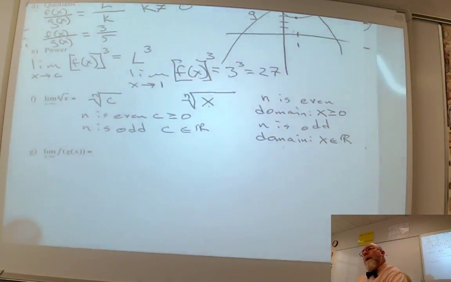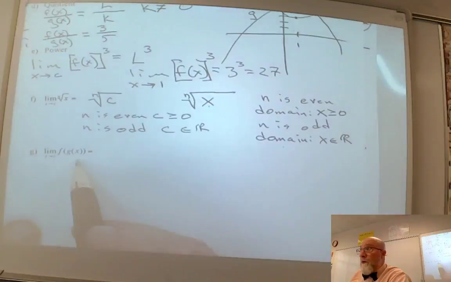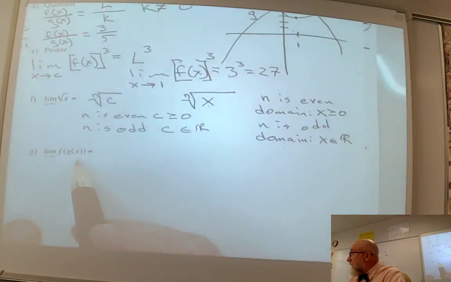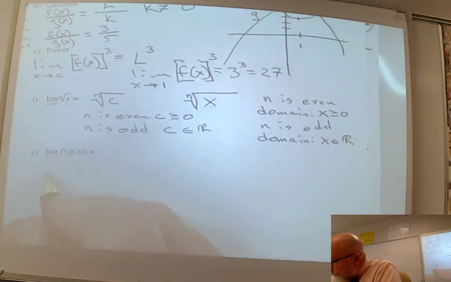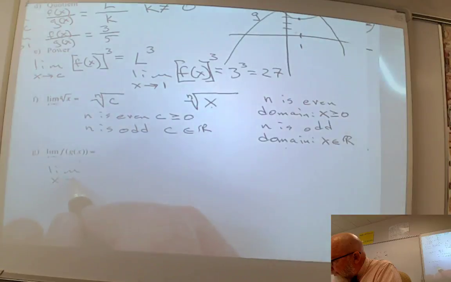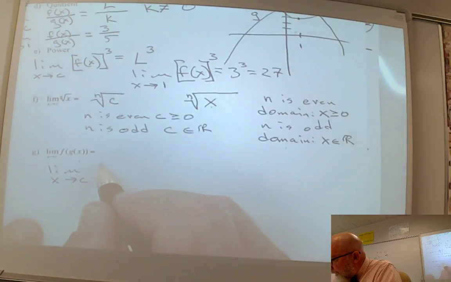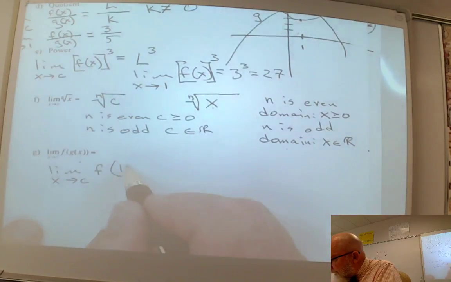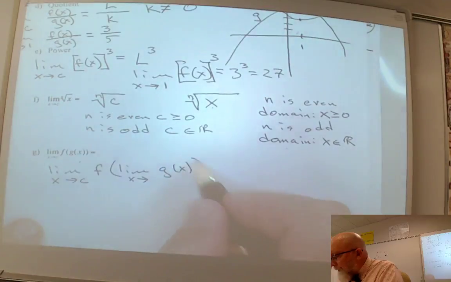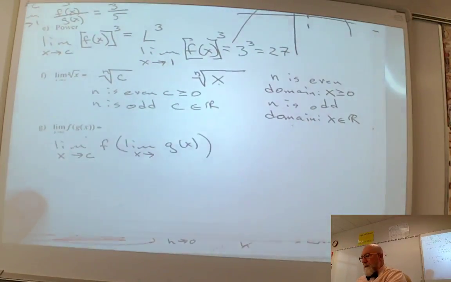Aaron, we're now to your problem. Okay? This is a composition, right? In other words, we have a function put into a function, correct? And so what this is going to be is the limit as x approaches c of f of the limit as x approaches c of g of x. That's what that means.